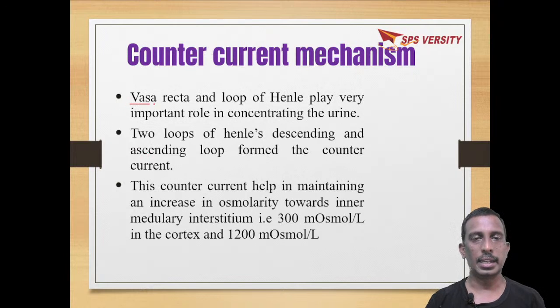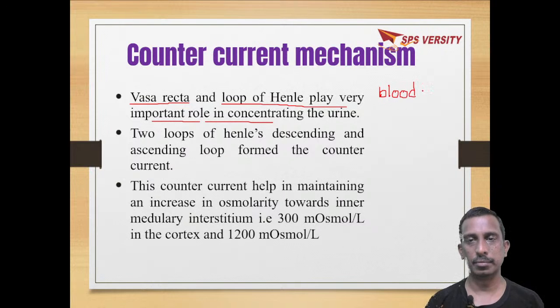The vasa recta and loop of Henle play an important role in this mechanism. The vasa recta is the name of the blood vessel which surrounds the loop of Henle.